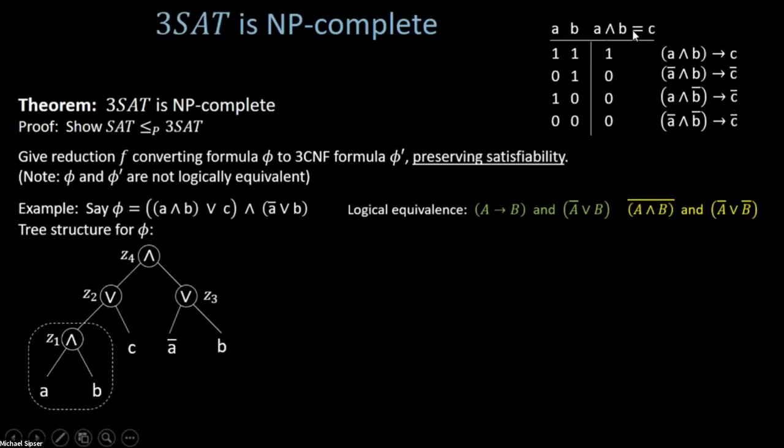If you imagine A and B is going to be called C, I'm going to represent this information with 4 small formulas, which taken together, if you AND them together, force C to have the correct behavior associated with A and B.